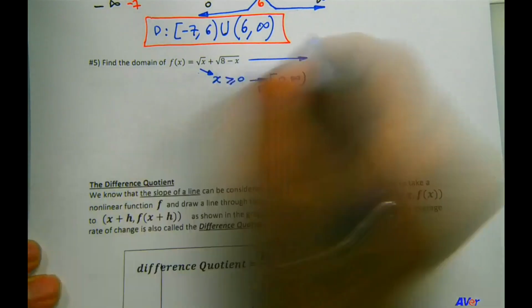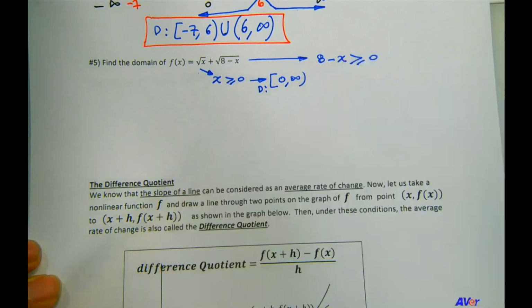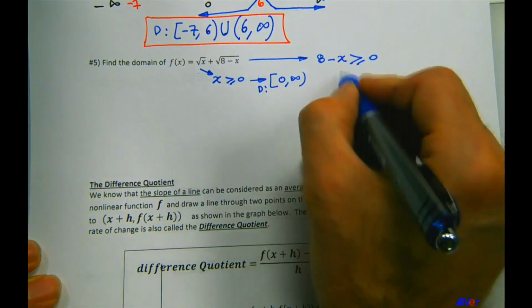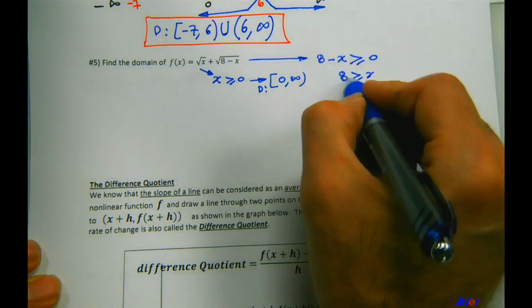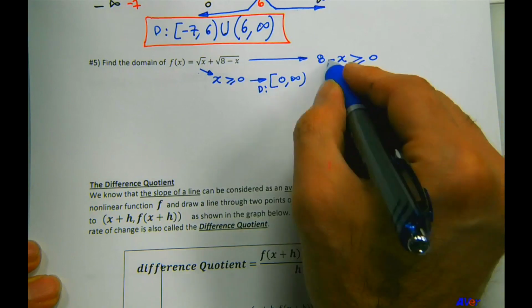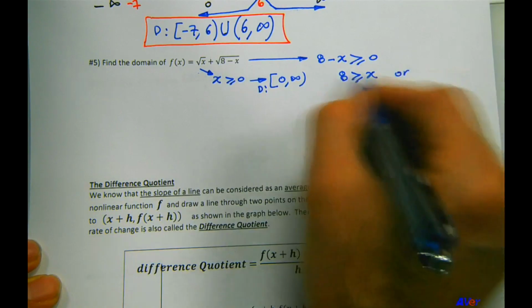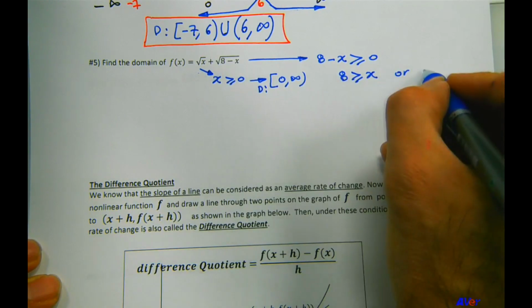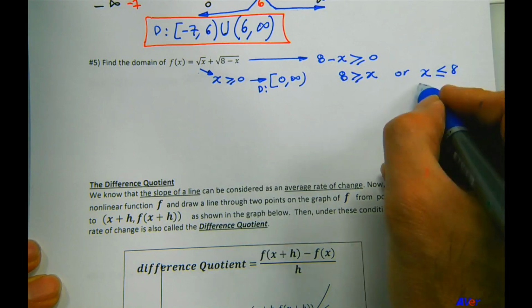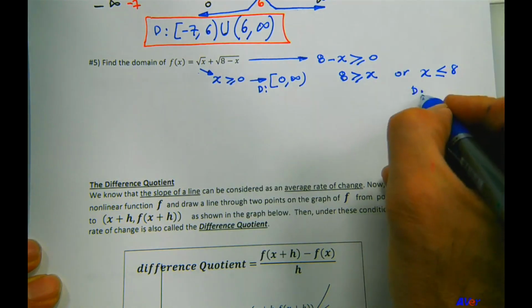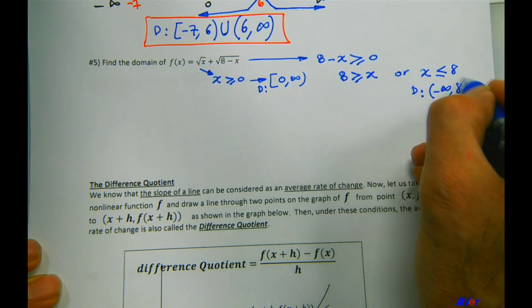Well, 8 minus x must be greater than or equal to 0. That means 8 must be greater than or equal to x. Let's switch this around so the variable is on the left side: x is less than or equal to 8, right? So this is saying that the domain is negative infinity, comma, 8, bracket.